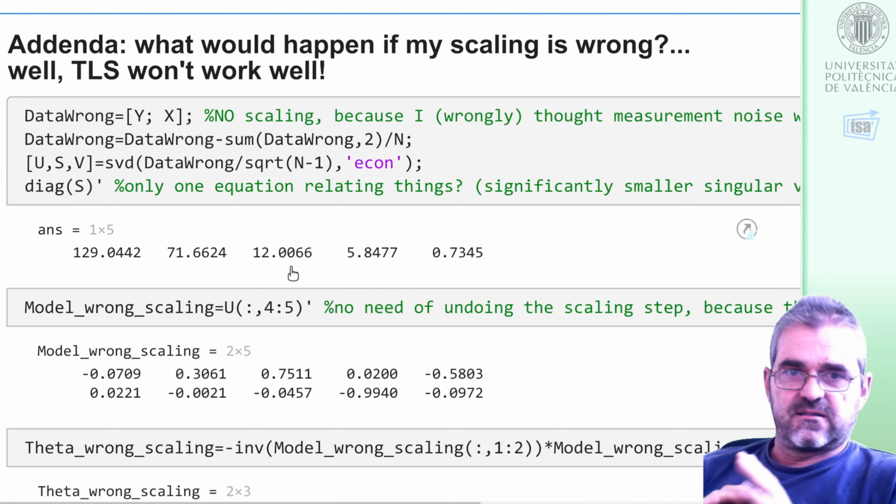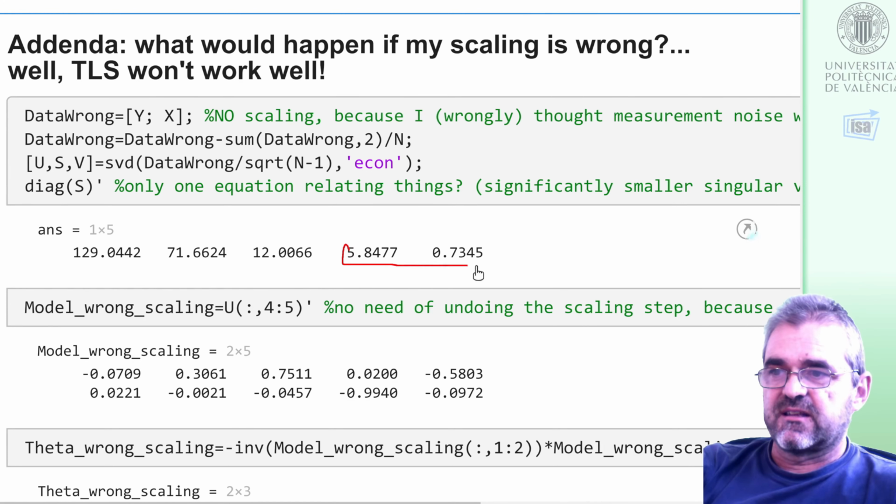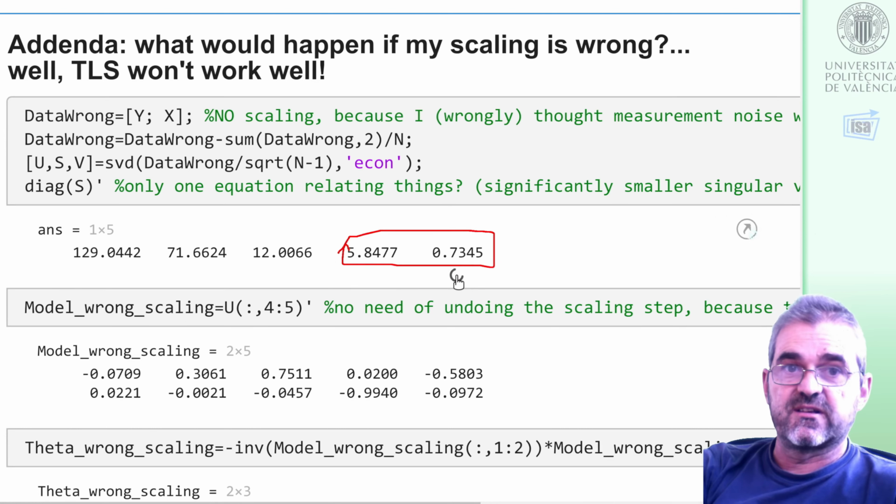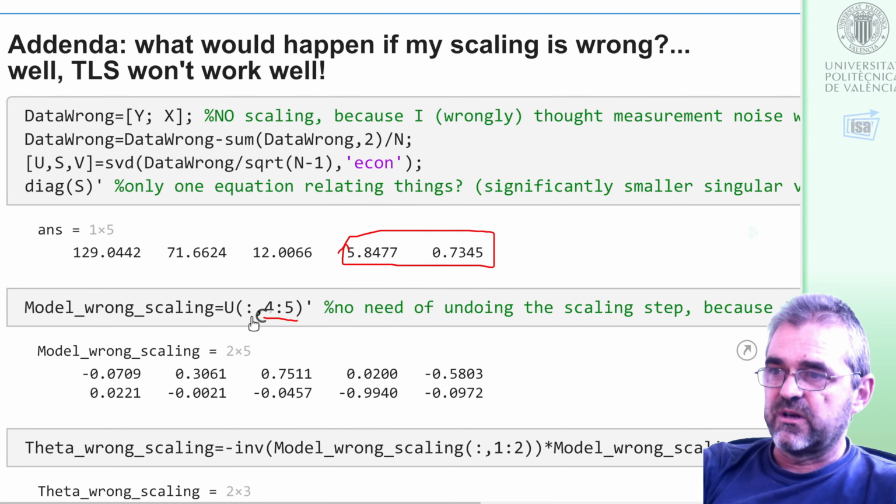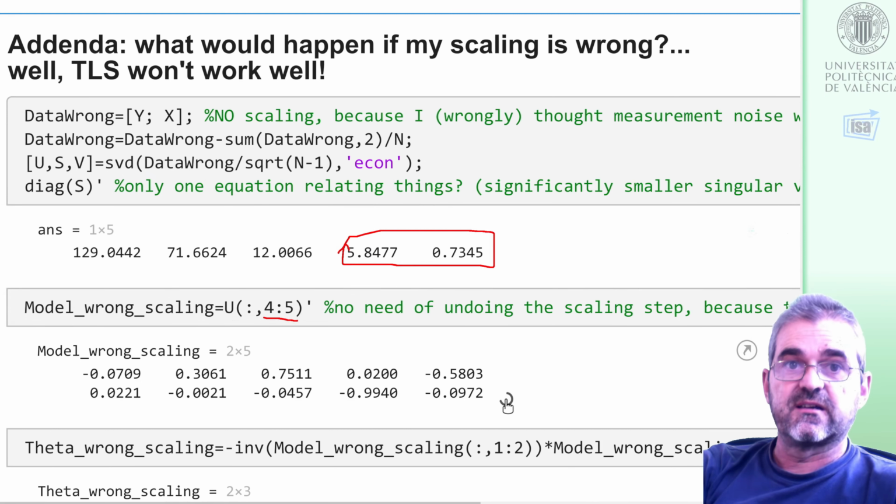Well, let us keep it like this and assume that these 2 found a model, so I take the 4th and 5th columns of the U matrix in the SVD, because the sample of data is in a column. Well, this model with the wrong scaling will be this thing.